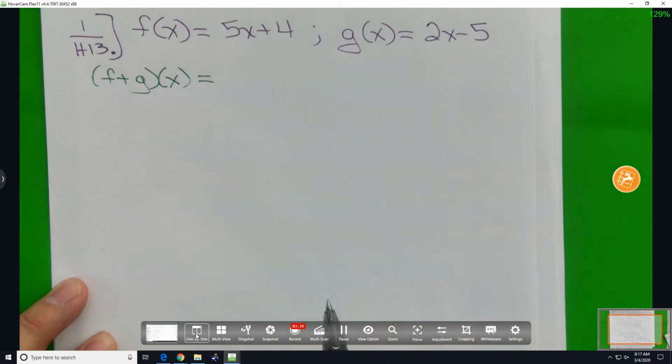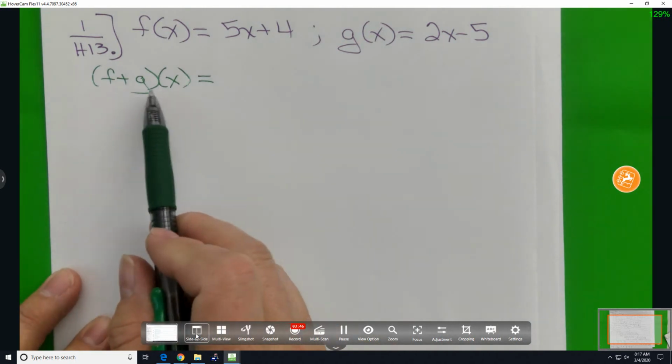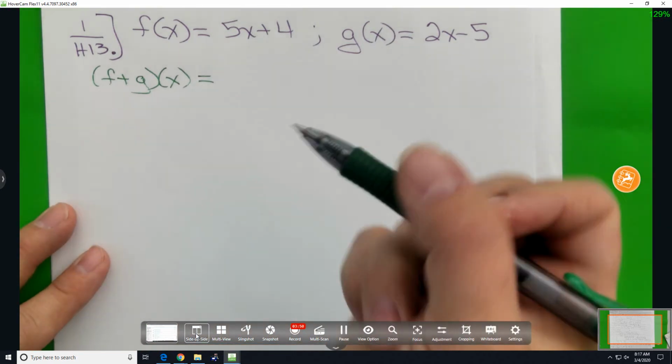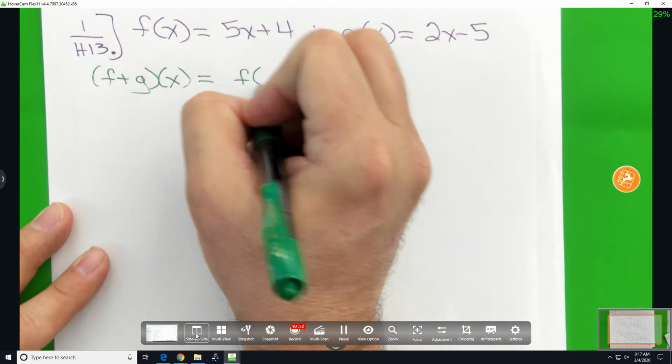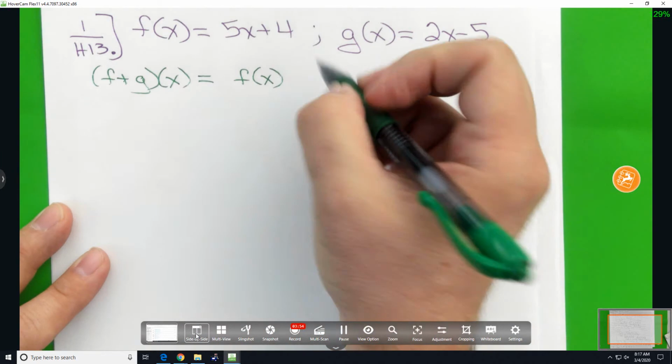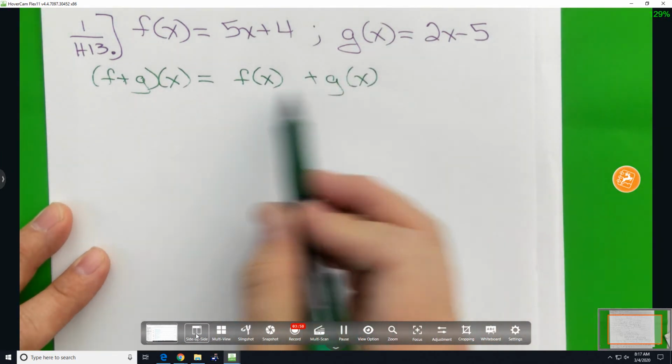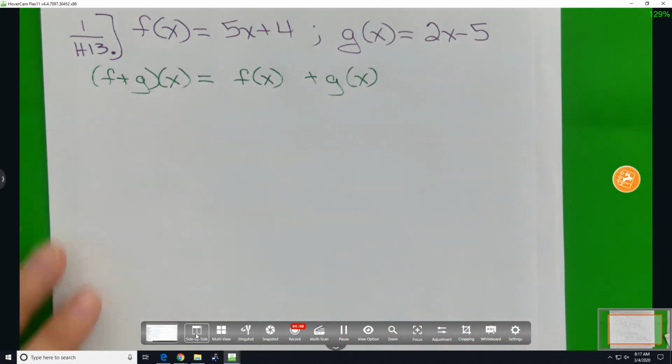Sometimes students start thinking we've got to distribute, multiply, and x. No, that is not this notation. To add functions, all you really do is take the first function. You can think of it as taking f of x and then adding to that g of x. As a matter of fact, that obvious statement is the definition of function addition.